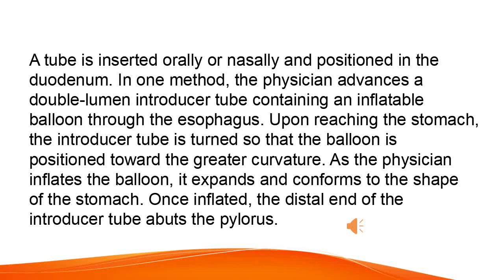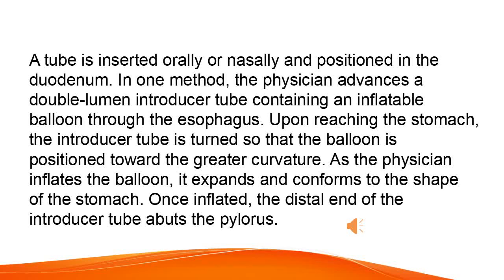In one method, the physician advances a double-lumen introducer tube containing an inflatable balloon through the esophagus. Upon reaching the stomach, the introducer tube is turned so that the balloon is positioned toward the greater curvature. As the physician inflates the balloon, it expands and conforms to the shape of the stomach.